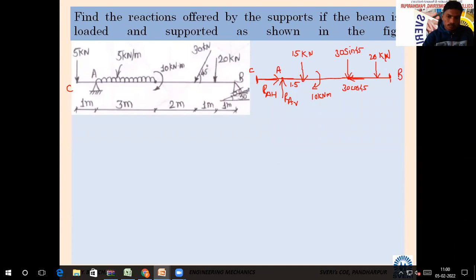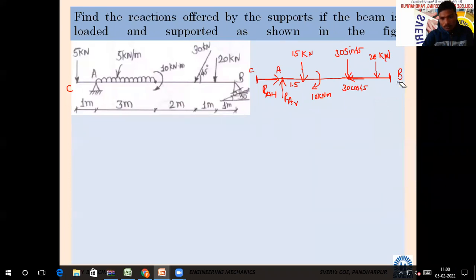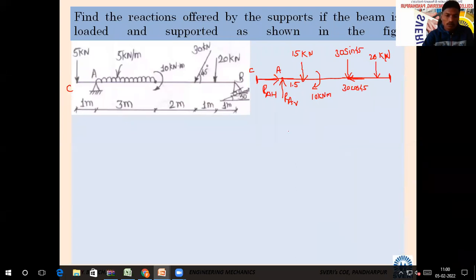The last thing remaining is the reaction. What will be the angle made by the reaction with horizontal or vertical?